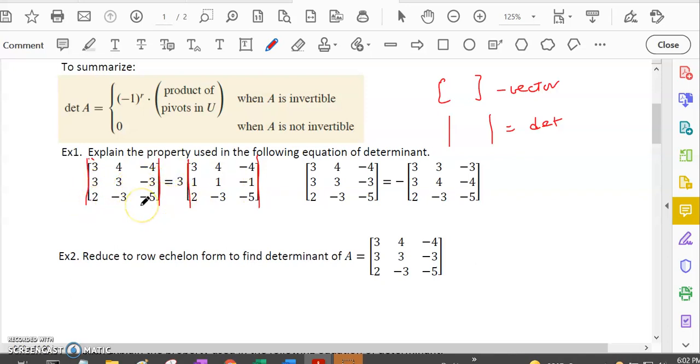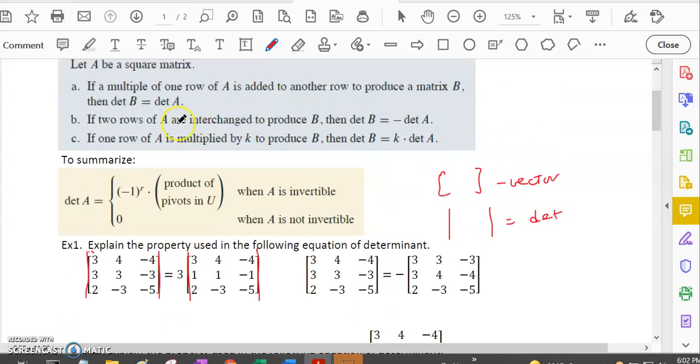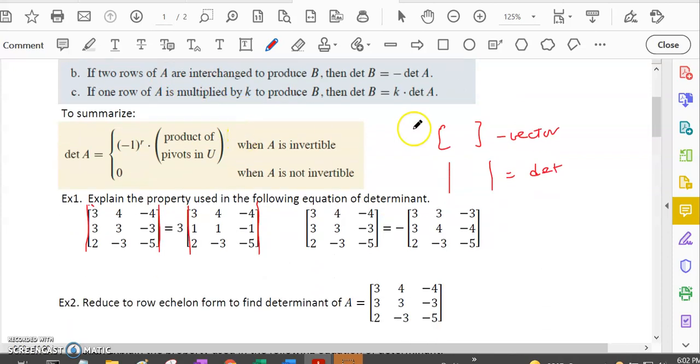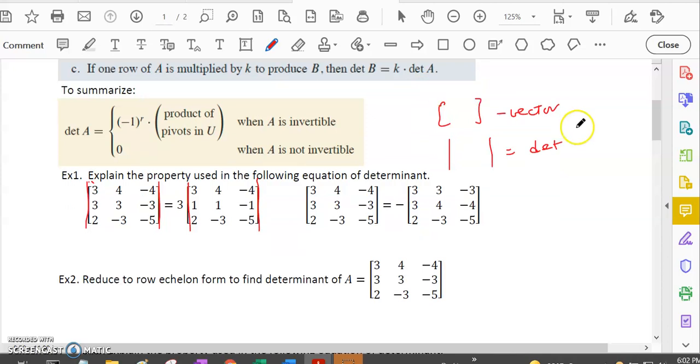This used the fact that when A is multiplied by k to produce B, the determinant of B is k times the determinant of A. So scale by 3 means this determinant is 1/3 of this one, and this one is 3 times that.